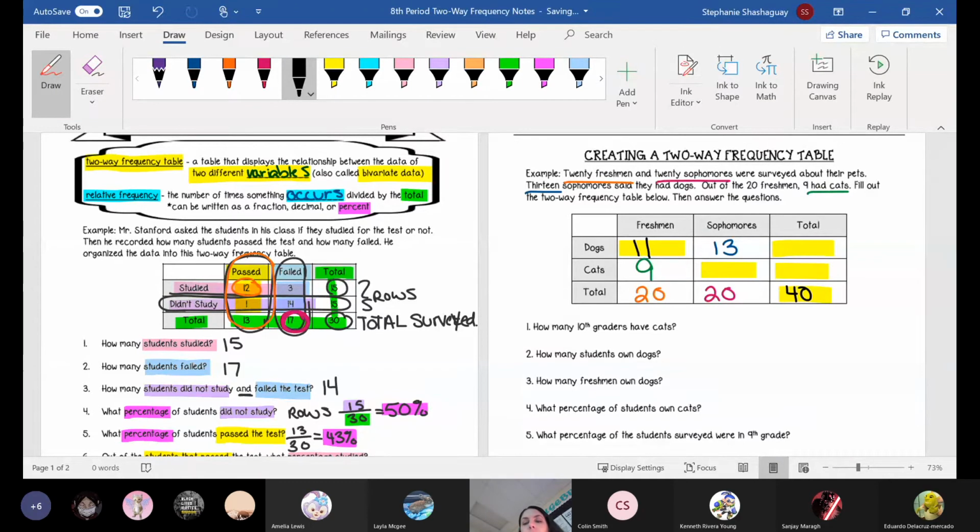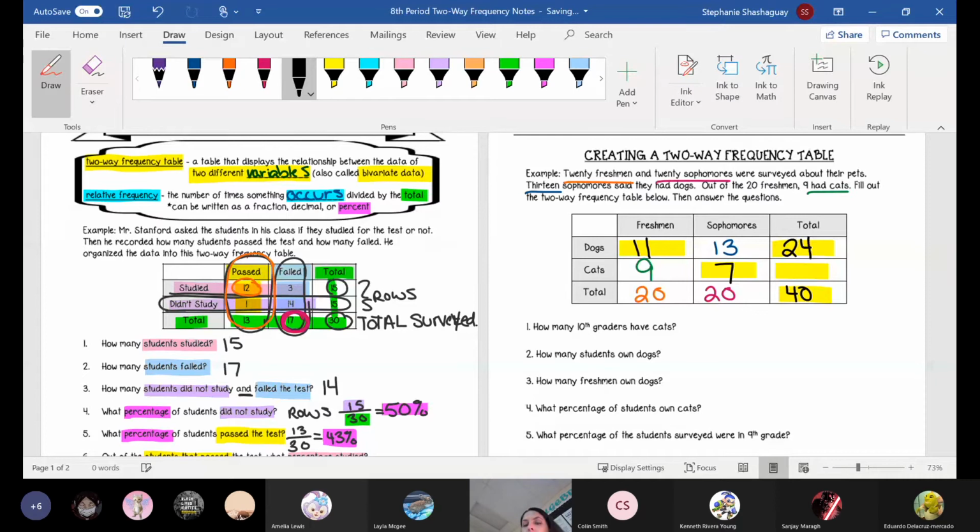Now what about sophomores? How many sophomores like cats? 7. Now we can do our totals across. So how many total students like dogs? What's 11 plus 13? 24.